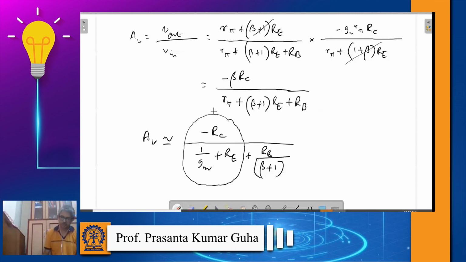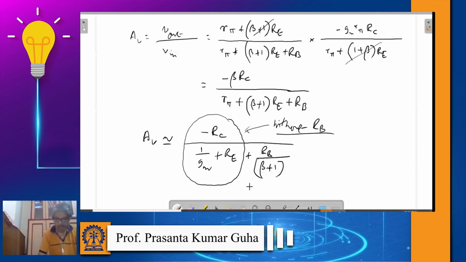And when we include RB, the effect is that additional term, where we divide RB by beta plus 1. It will be easier to remember if you simplify the expression this way. So this part is without RB, and because of the RB in the denominator you have that term.